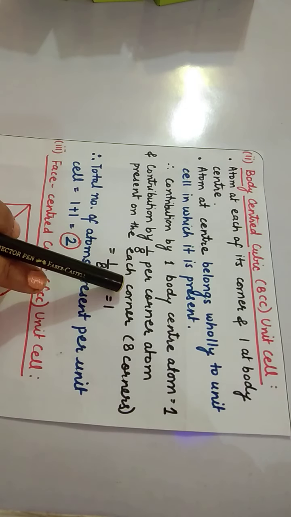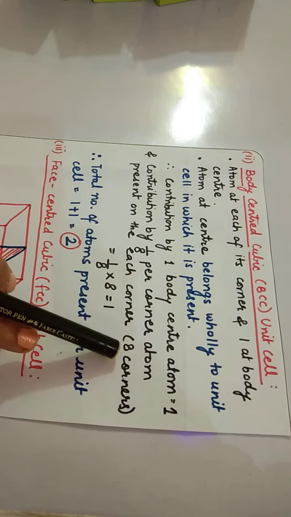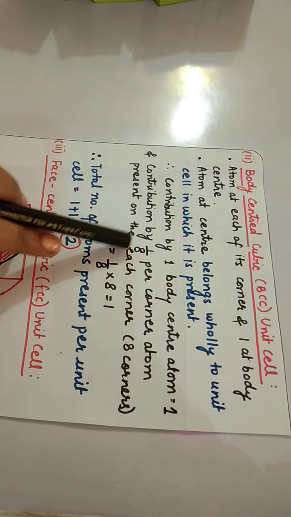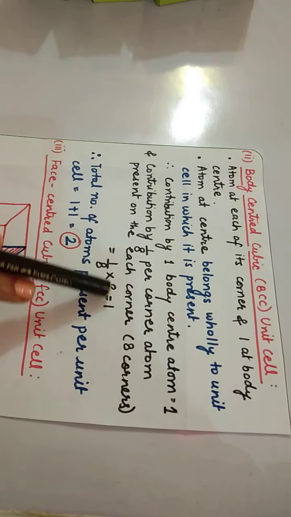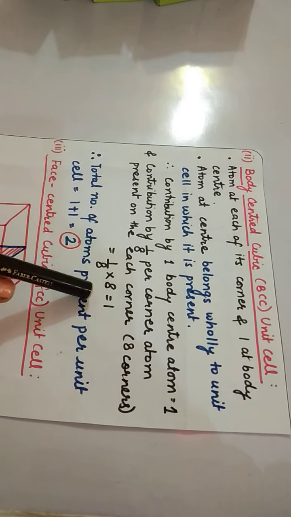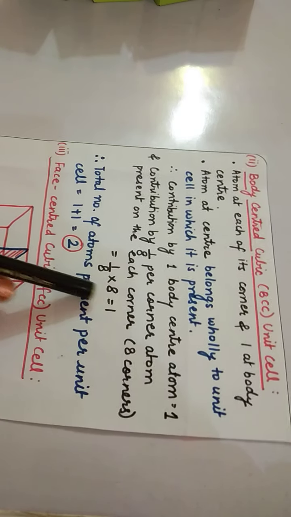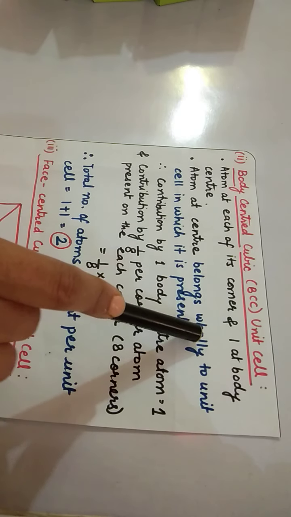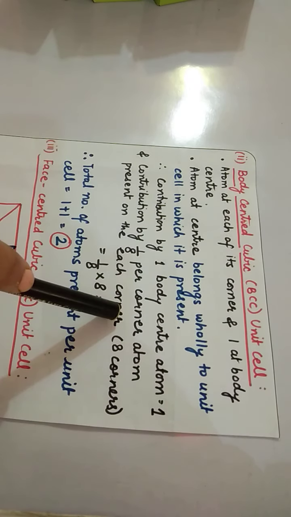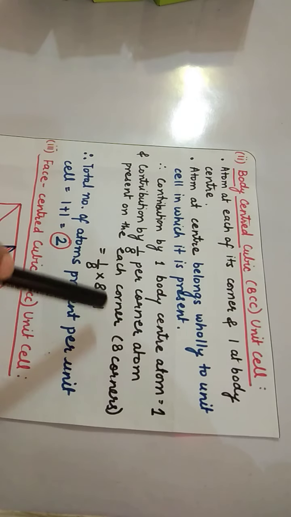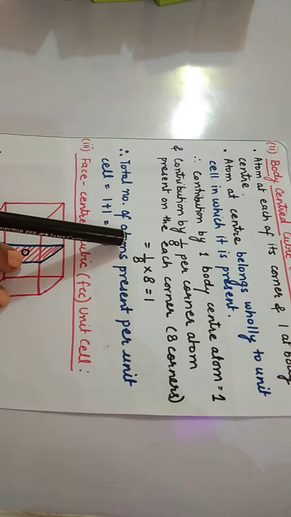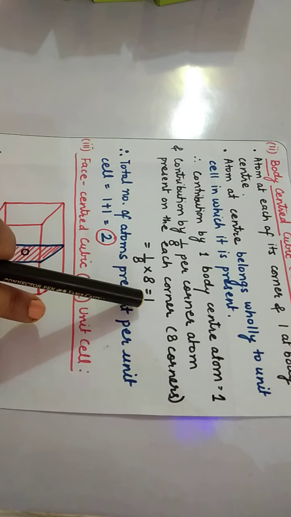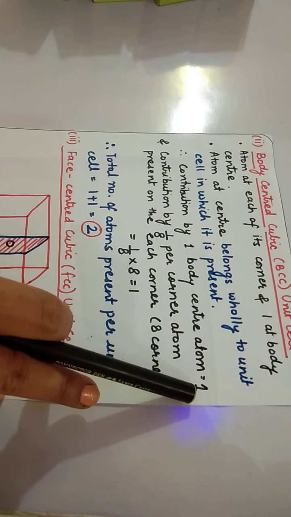That is 1/8 into 8, which is equal to 1. So total number of atoms in BCC is 1 at the center and 8 at the corners: 1 plus 1 is equal to 2.